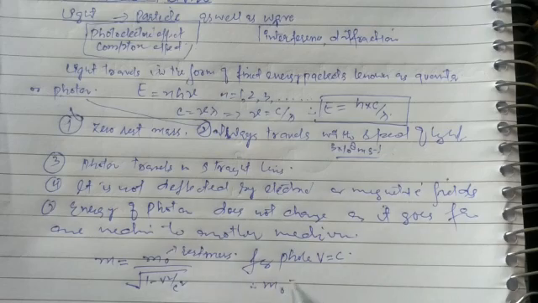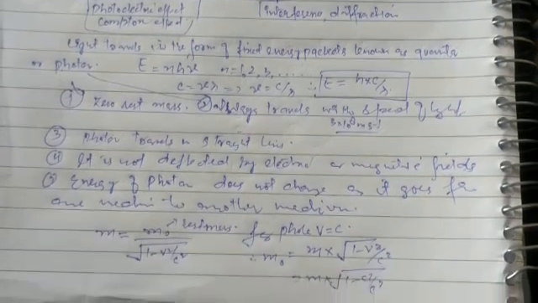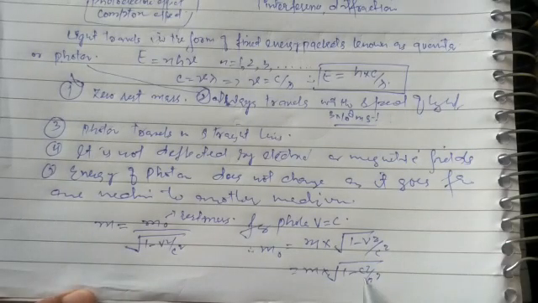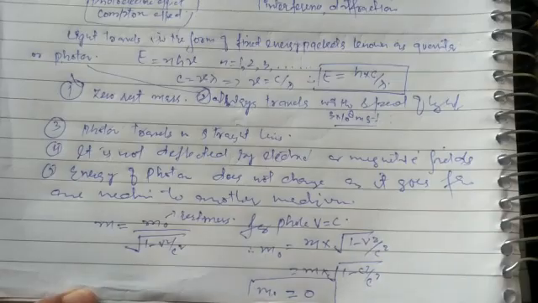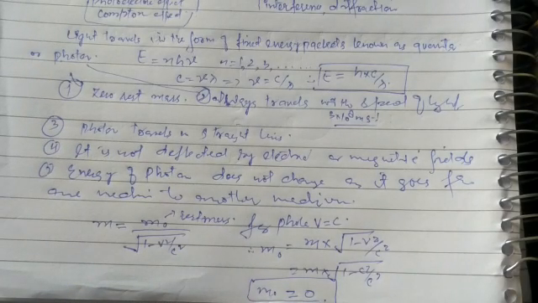Therefore, m naught is equal to m into under root of 1 minus c square by c square. c square by c square is 1, and 1 minus 1 is 0, so m naught is equal to 0. That's how we say the photon has rest mass 0, as it doesn't come to rest.